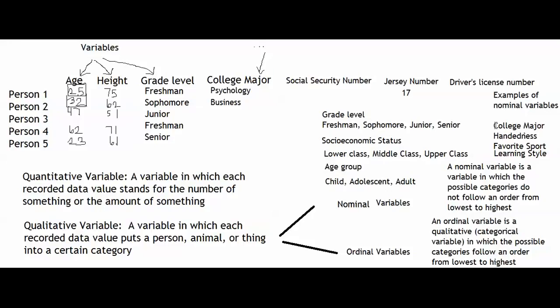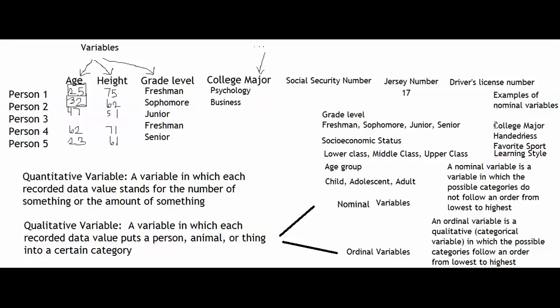What could be another example? Well, different types of pet owners. You have dog owners, cat owners, and maybe people who own hamsters or turtles.